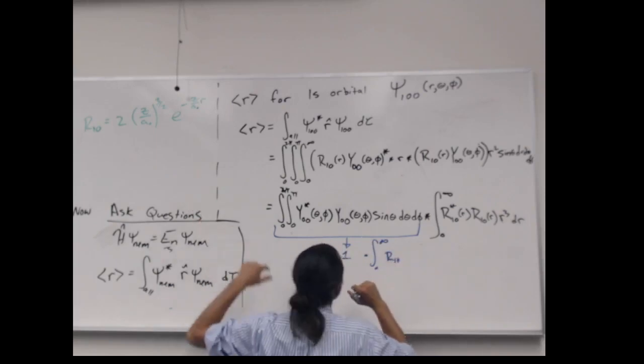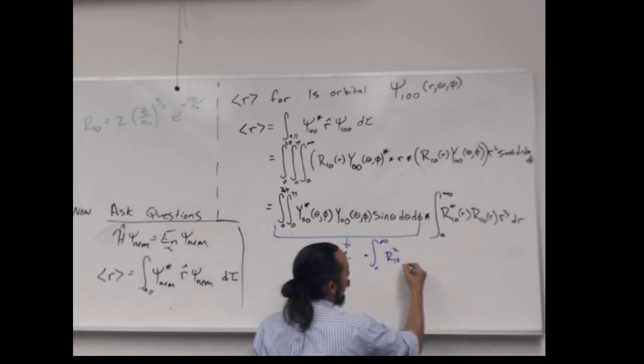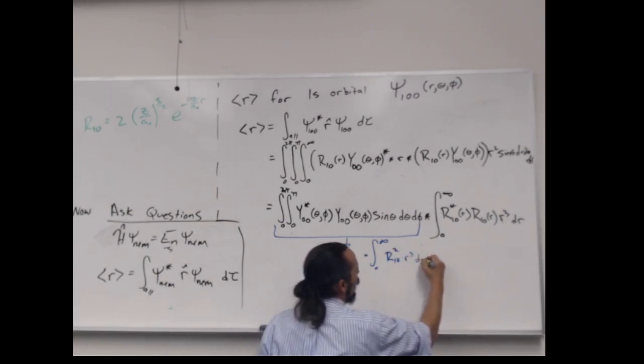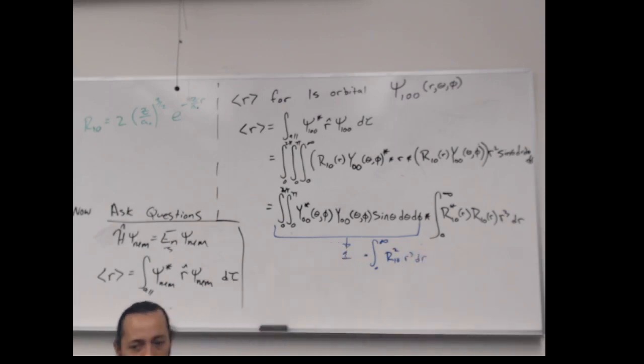Also notice R10 is real, so I can just call this R10 squared r cubed dr. And now I've got a much simpler integral to approach. Orthonormal basis set is probably one of the best things in your life that you haven't heard of yet. Saves us a lot of integral work.